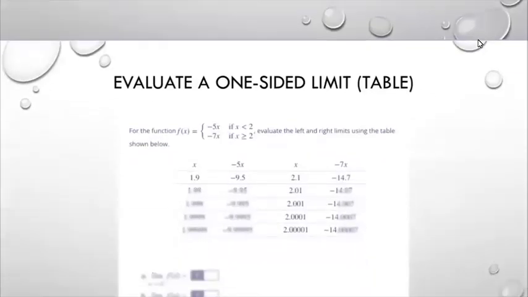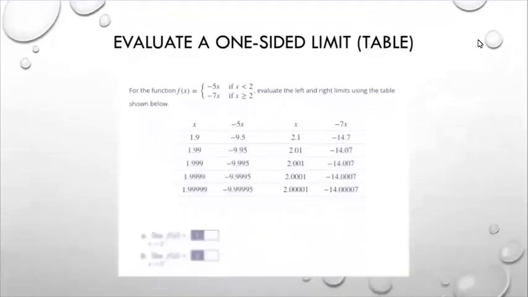When evaluating one-sided limits when a table of values is given instead of the graph, you have to pay attention to where the right and where the left is.